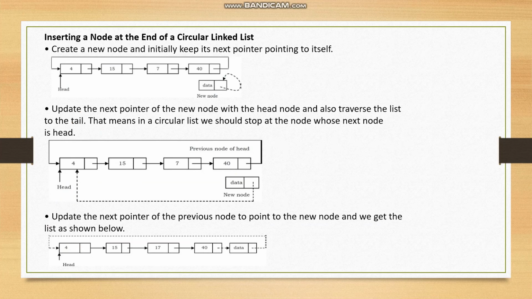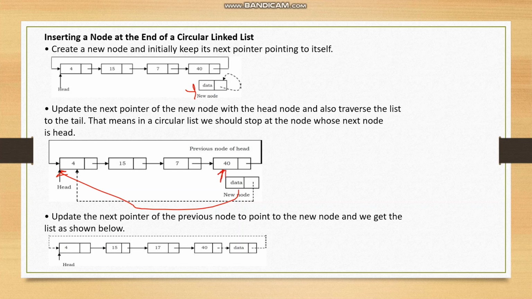Inserting a node at the end of the circular linked list. First we will have to create a new node, and we will assign the data to the new node, and the next of the new node will point to the head of the linked list, and then we will have to traverse to the end of the linked list.